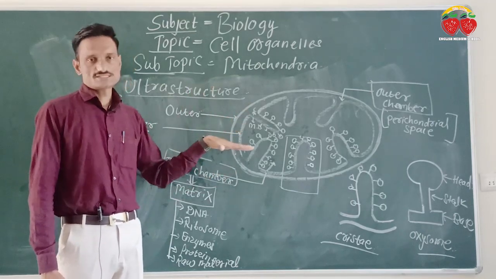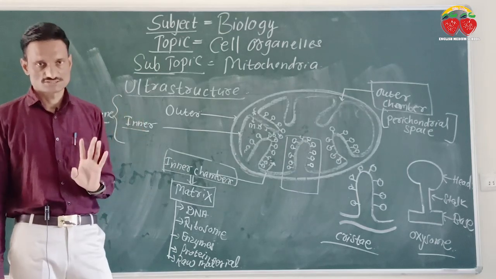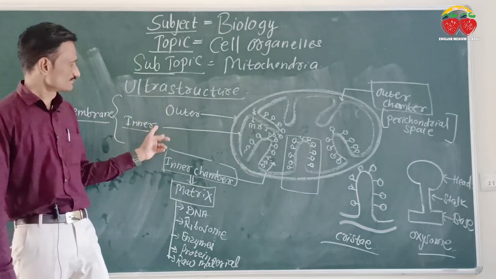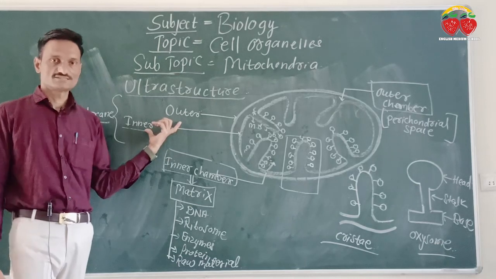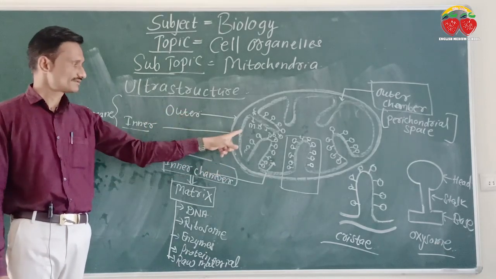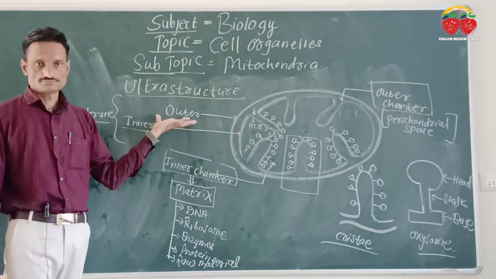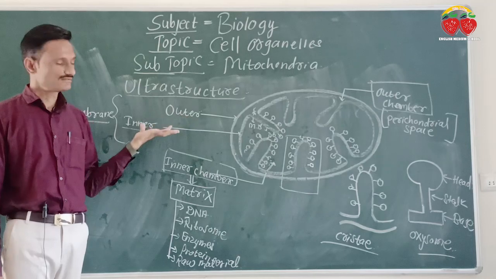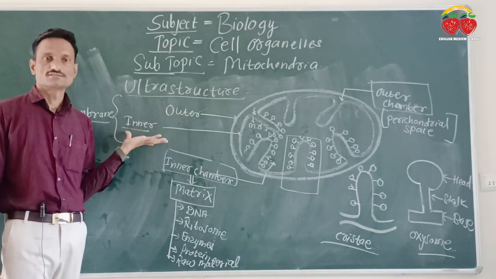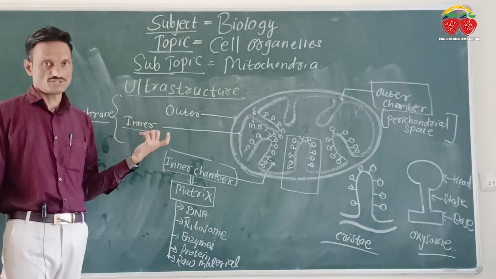These are the different morphological features we discussed. According to the ultrastructure, the mitochondria has a two-membrane, two-chamber structure. Both the membranes show a number of differences. The outer membrane is continuous, while the inner membrane is folded. The outer is freely permeable, but the inner membrane allows entry and exit of only a few metabolites.